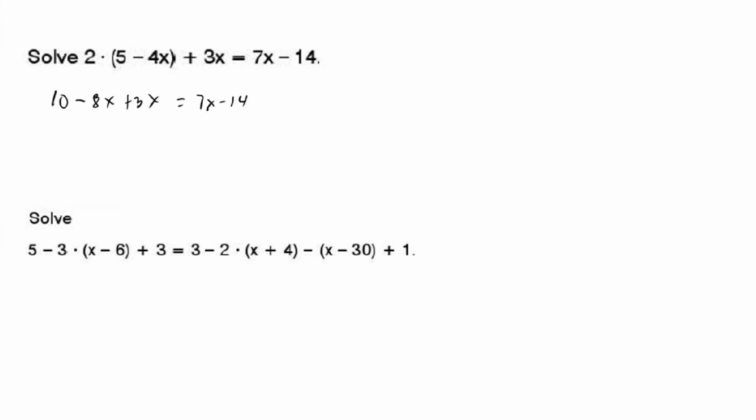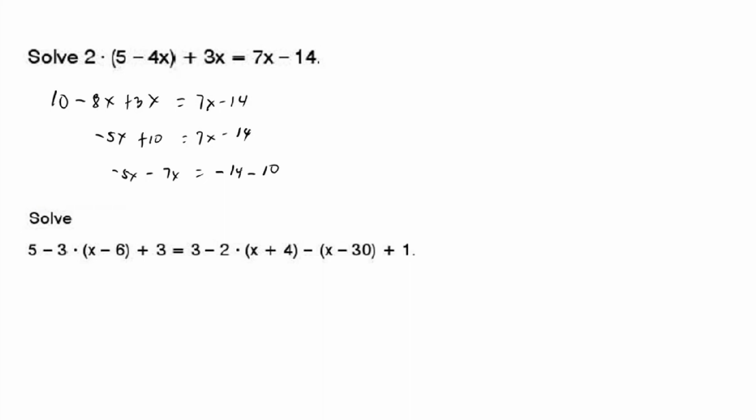So combining all the x, negative 8x and 3x is negative 5x plus 10 equals 7x minus 14. Or you can do it directly. You transpose the 7x to the left-hand side, like what I did on the previous example. Or you can do it like this first. So we have now negative 5x minus 7x equals negative 14 minus 10. Because from positive, we transpose, it becomes negative 10.